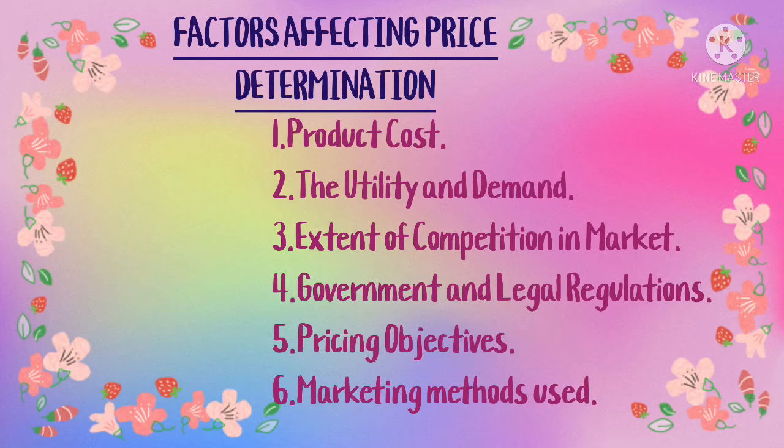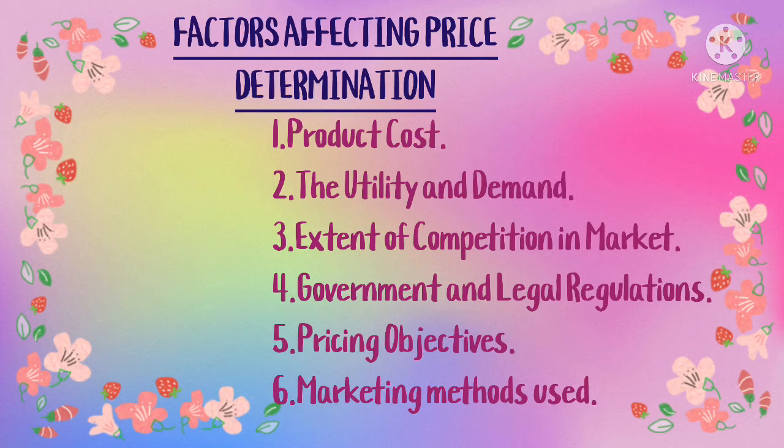This is very important because it includes the cost of production, distribution, and selling the product. So the cost sets the minimum level, or the floor price, at which the product may be sold.